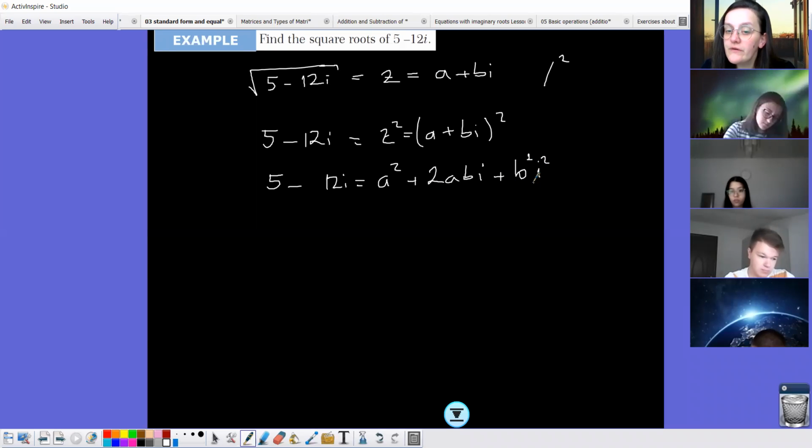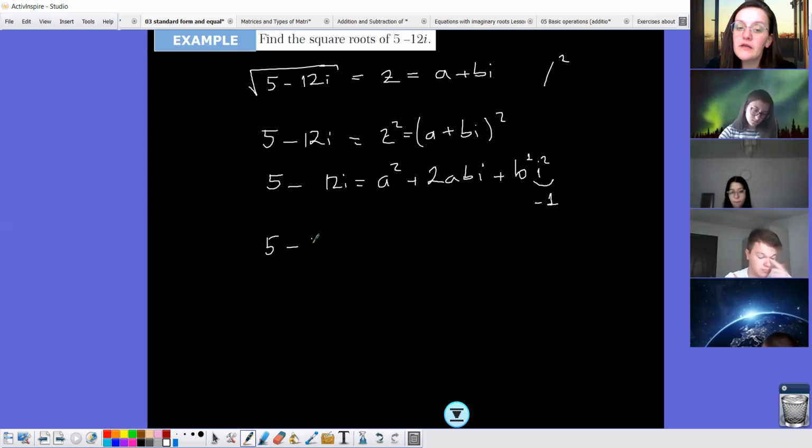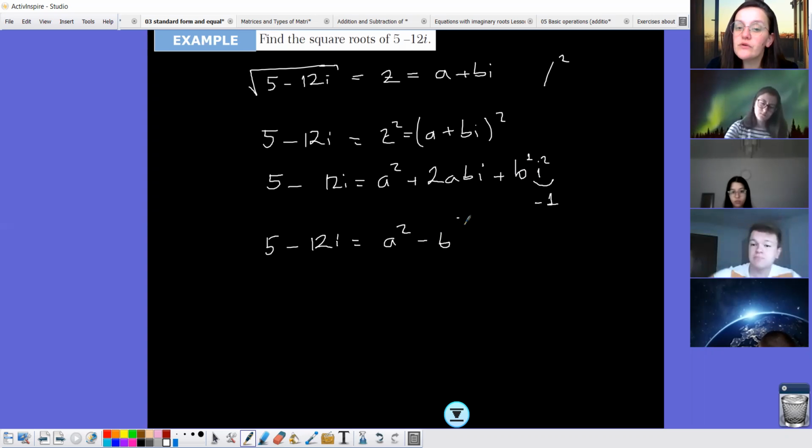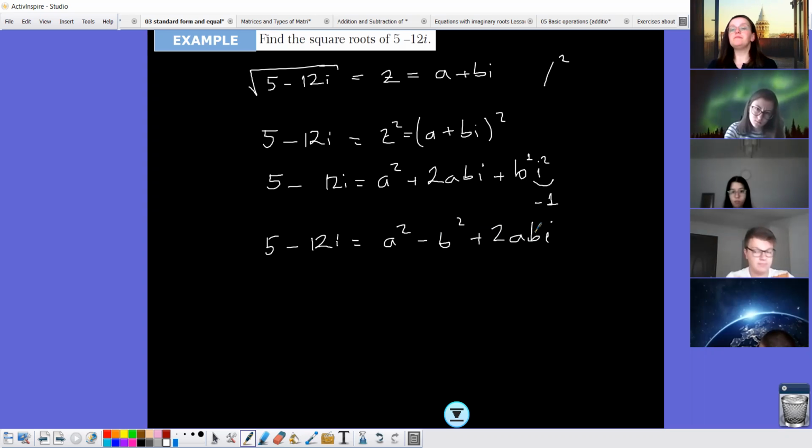So what is i squared? Minus 1. Then we have 5 minus 12i is equal to a squared minus b squared plus 2abi. Is this step okay? Yes, teacher.